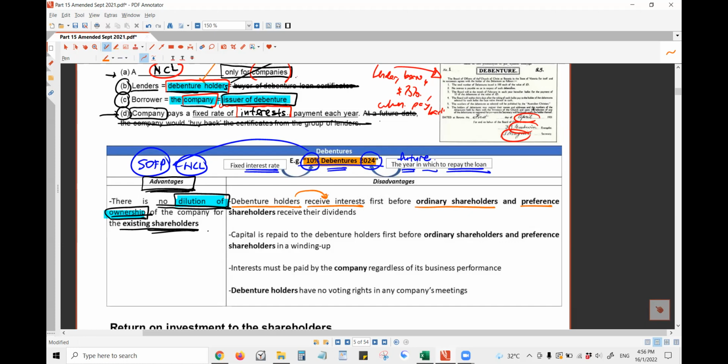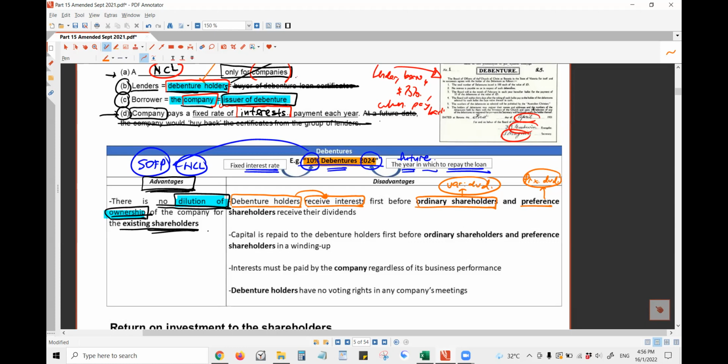They are the creditors. Companies pay interest to the debenture holders. So now you have three groups of people here: debenture holders who want to receive their interest, ordinary shareholders who want to receive their variable dividend, and preference shareholders who want to receive their fixed dividend.